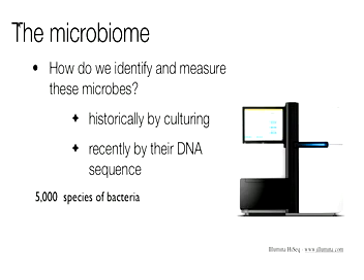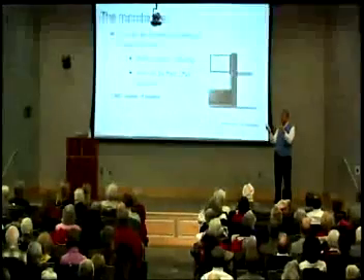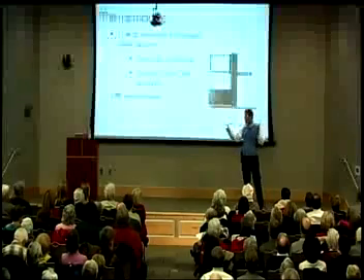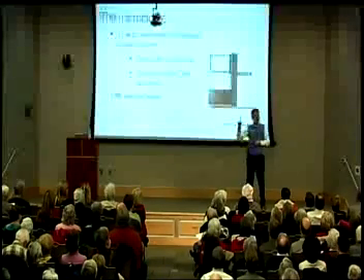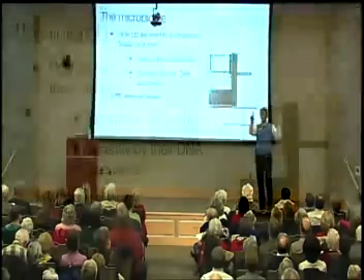So I could take a sample of soil, I could remove the soil and keep the bacteria, I can break the bacteria open and extract their DNA, and then I can sequence the DNA of those bacteria. So from this point forward, almost every experiment that I'm going to tell you about, almost every finding that I'm going to tell you about, uses this technology and does one of two things.